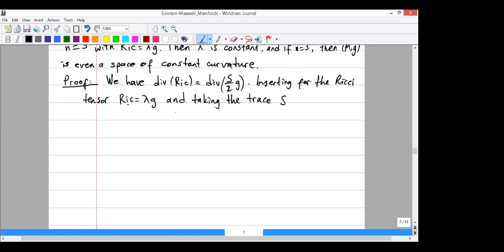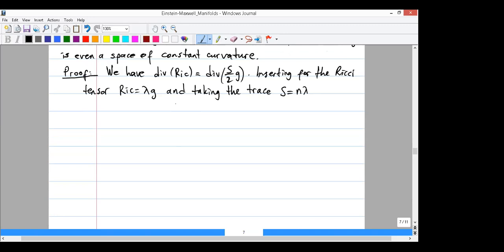If you take the trace of the left-hand side, it is the scalar curvature, S or R, and if I take the trace of this, it will give me the dimension of the manifold n, and there's lambda.